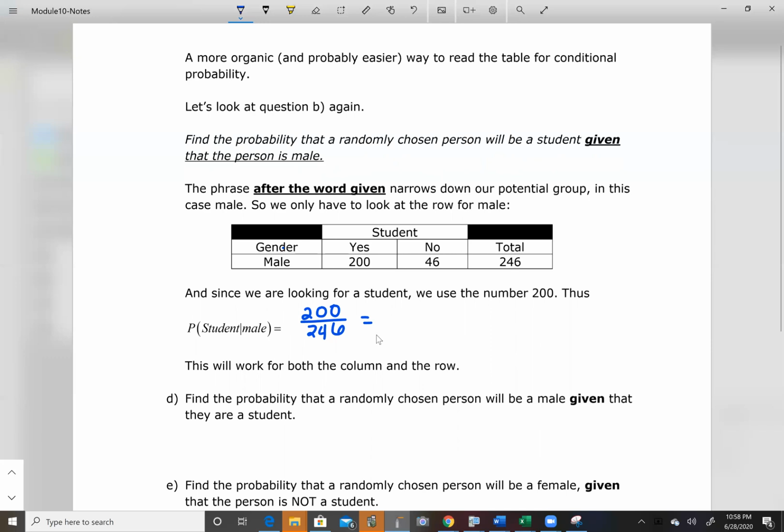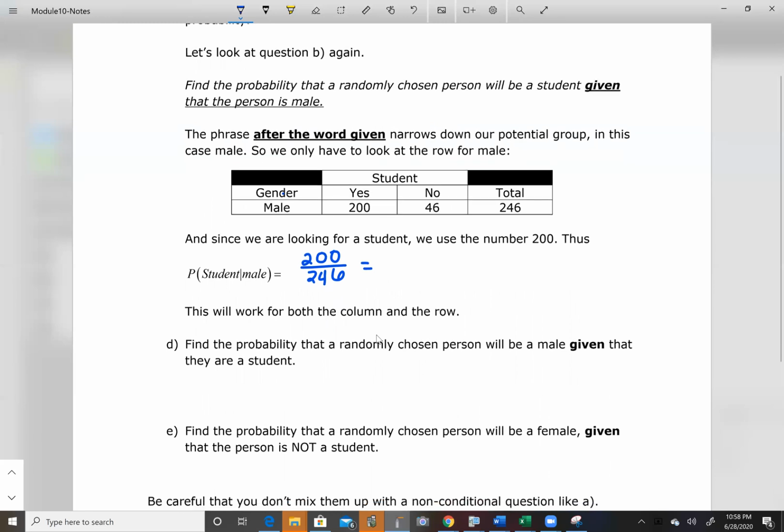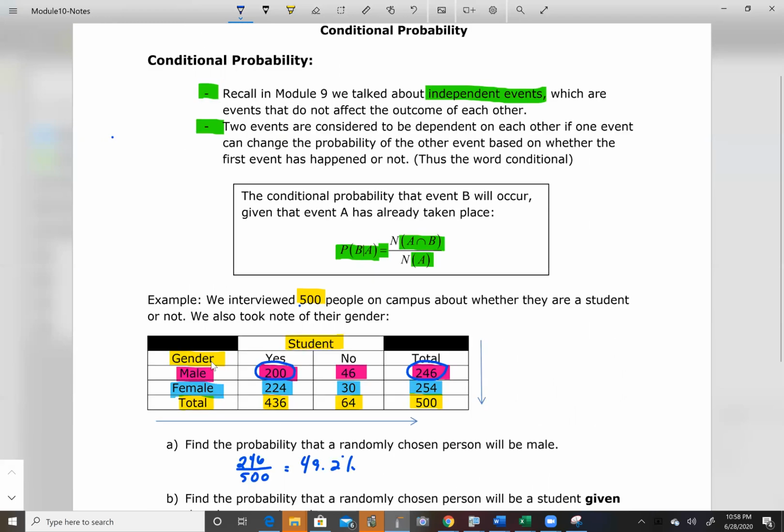Okay. D, find the probability that a randomly chosen person will be male given that they are a student. So we've kind of flipped it. Given that they're a student, we need to look at the total number of students from the table, which is 436, right? The total number of students, it's that yellow 436. That's going to be our denominator. If we have a hat full of students and we choose one, what's the probability it's going to be male? It's going to be 200 out of 436.